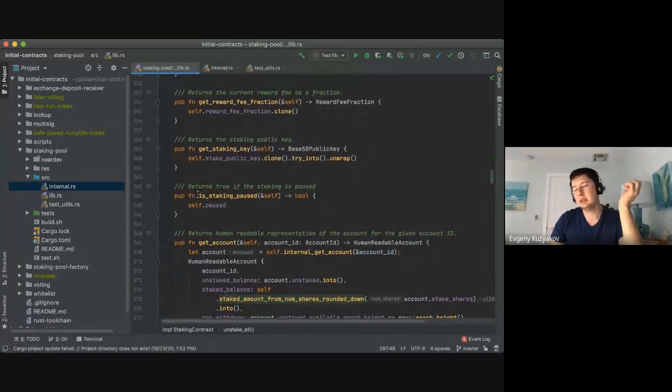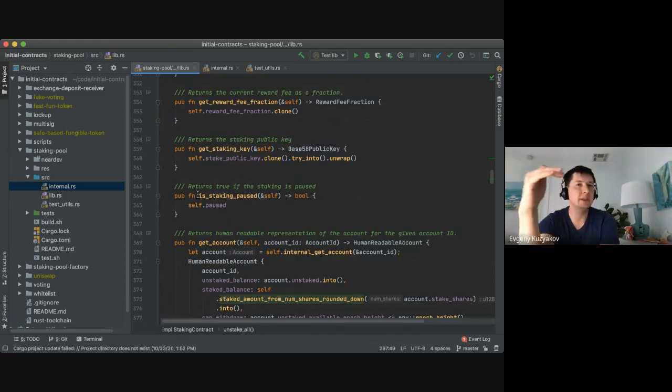And there's a separate thing that allows the owner to pause the staking pool. Let's say the owner does a migration on the node, so they need to completely unstake, for example.